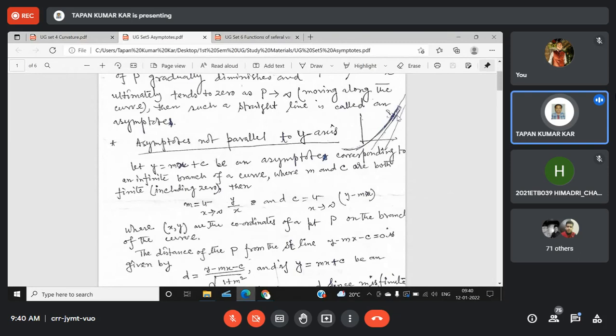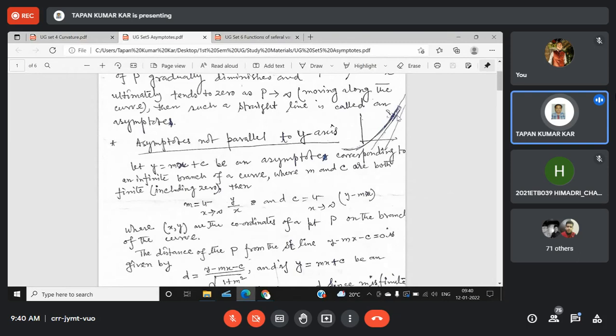It is assumed that y equal to mx plus c, the general equation of the straight line, be an asymptote corresponding to an infinite branch of a curve, where m and c are both finite, including 0.